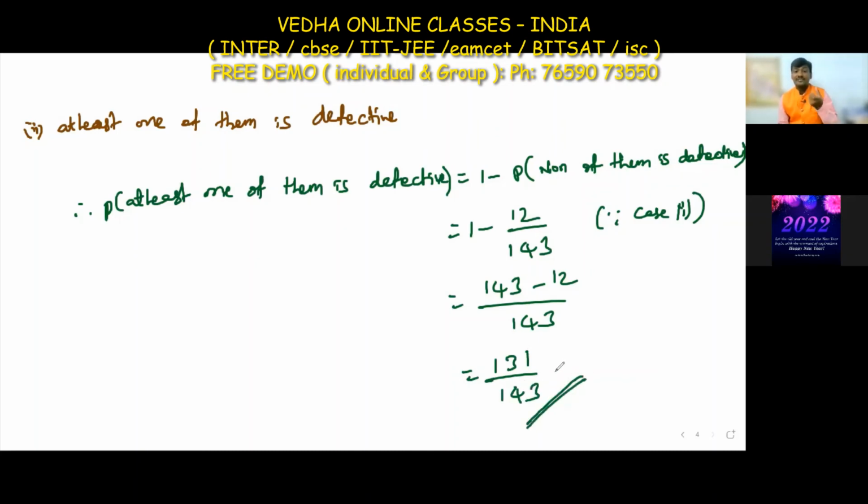These many possibilities out of 143, 131 possibilities for at least one defective. It may be 1 defective or 2 or 3 or 4 defective, or 5 out of 5 also defective. So none of them defective, we are subtracting from that. Okay, so this is the required solution.